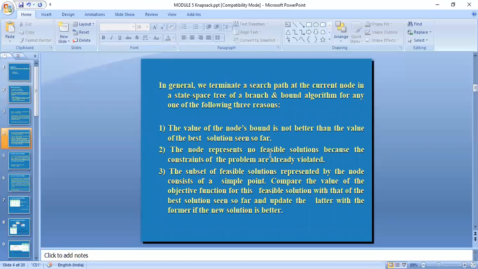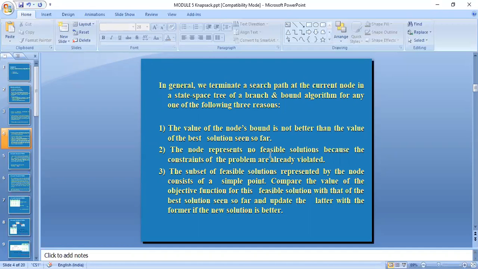So here, the termination of a node takes place at three particular instances. One is if the node's value is not better than the other node value, or if it is violating the constraints, that is, if it is not a feasible node. A feasible node will always satisfy the constraints.